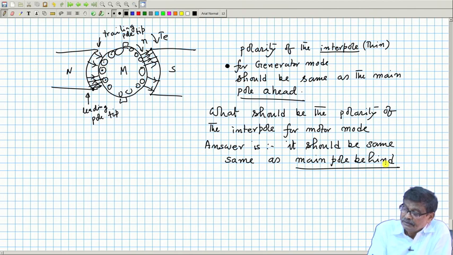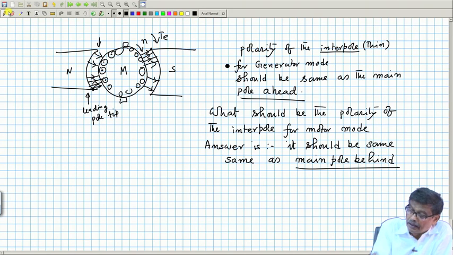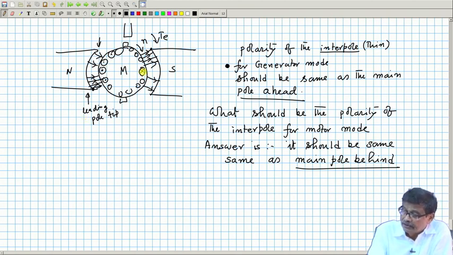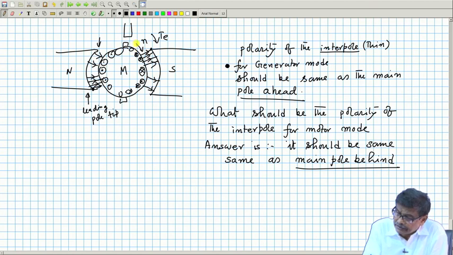Got the points? Therefore, if it is a motor mode, it is moving in this direction. I want to have an interpole here. For this general problem, I have changed everything: north, south, currents. These are cross current, dot current. This is the direction of rotation.